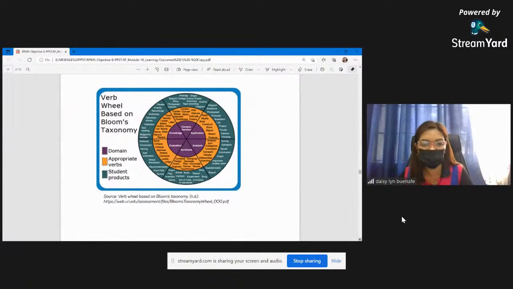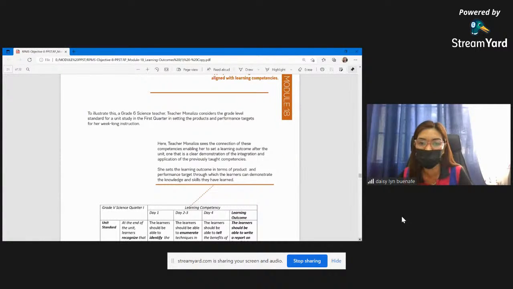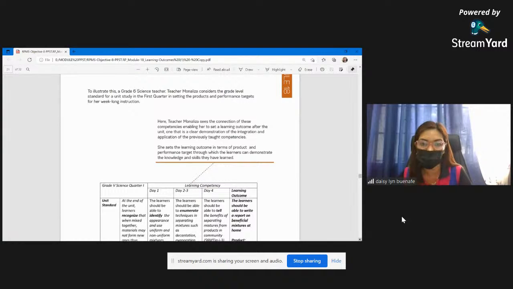Okay, Teacher Mona Lisa sees the connection of these competencies, enabling her to set a learning outcome after the unit, one that is a clear demonstration of the integration and application of the previously taught competencies.